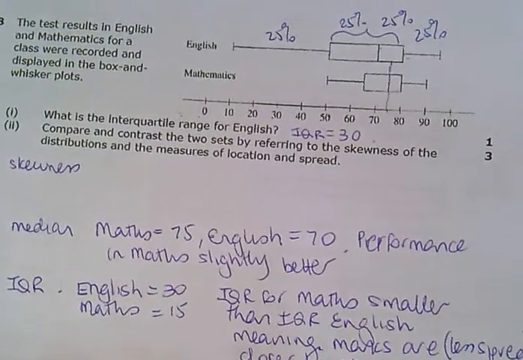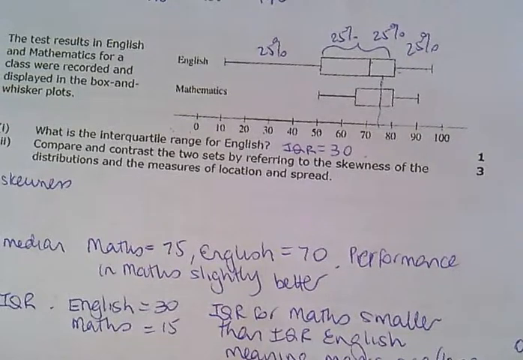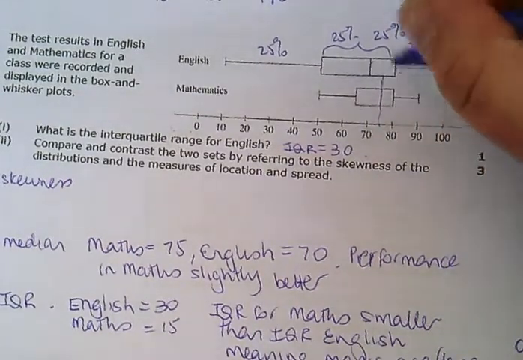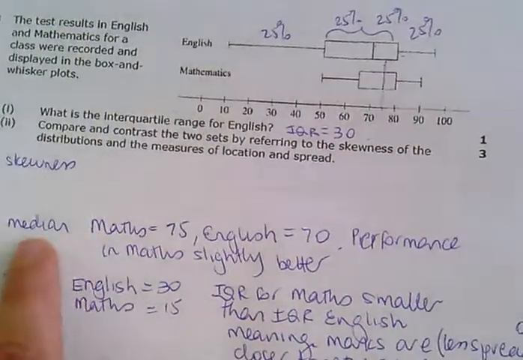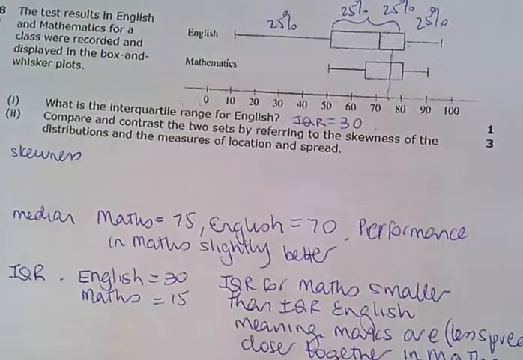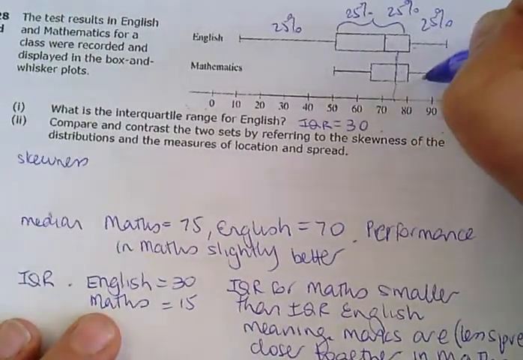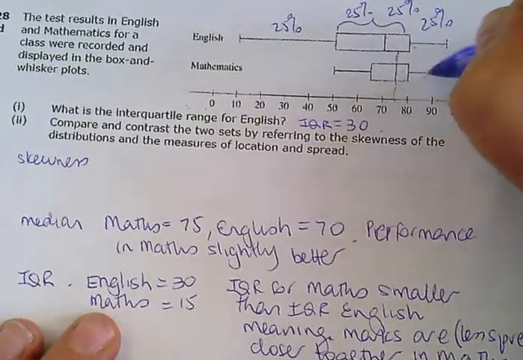Look at maths. What percentage of the class got more than 75? Half the class got more than 75 here. Half the class got more than 70. But that's what the median is, you see. It tells you the halfway mark. But look, this is 25% of the people and 25% of the people. This is also 25% and 25%.